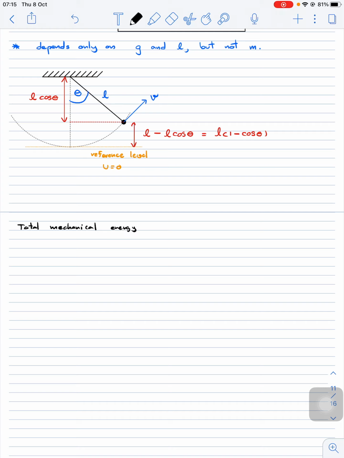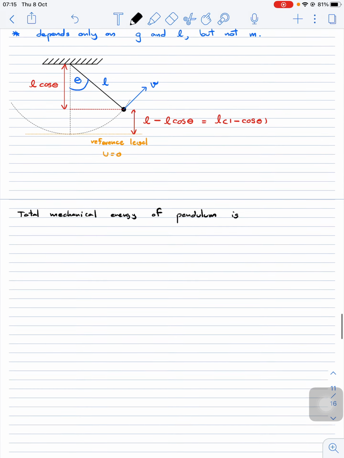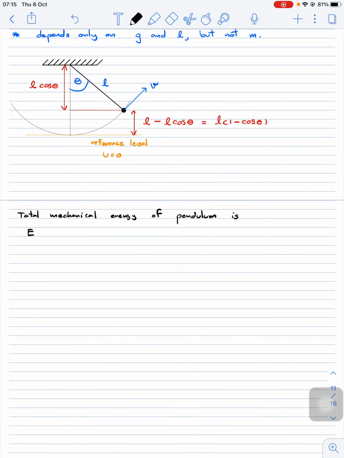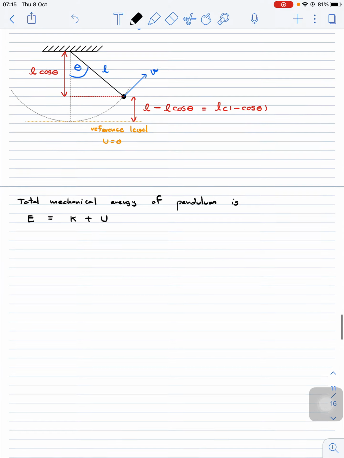So we can see that the total mechanical energy of the pendulum is E equal to the kinetic energy plus the potential energy.